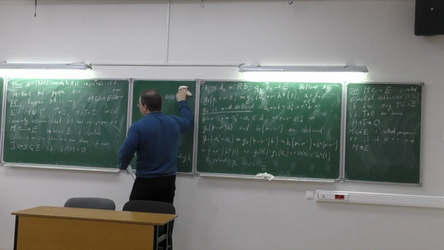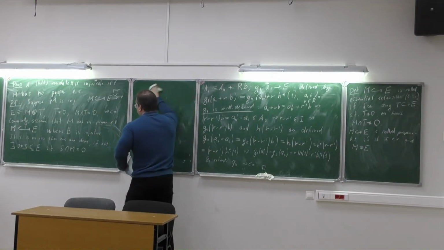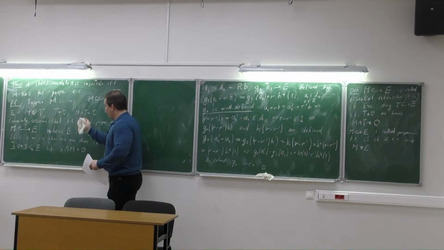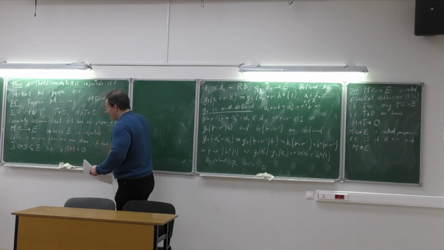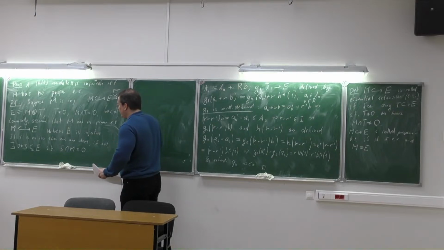This is because we know that M has no proper essential extensions. So this M to the E can be proper. Well, we know that this is a proper extension, right? Because we eliminated the other case. So this has to be an extension which is not essential.